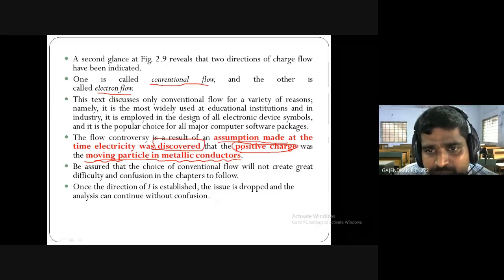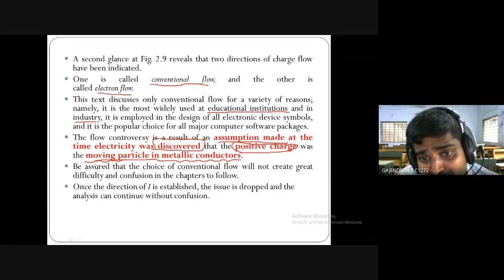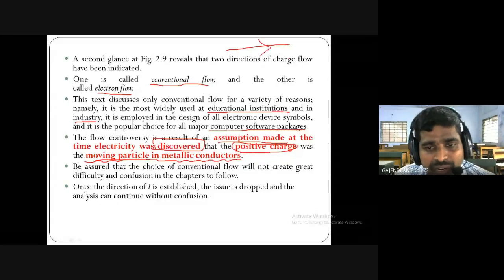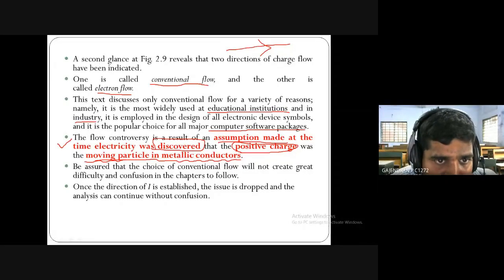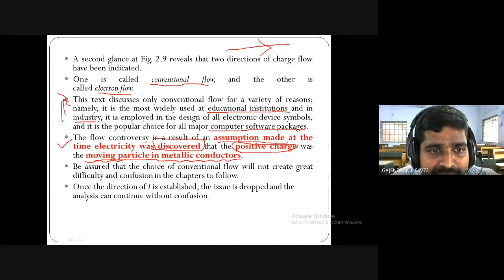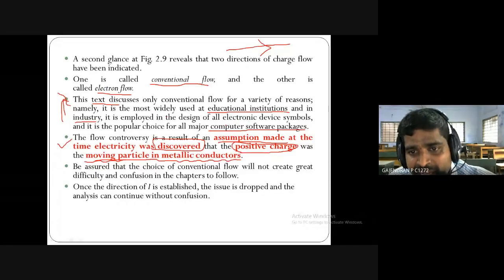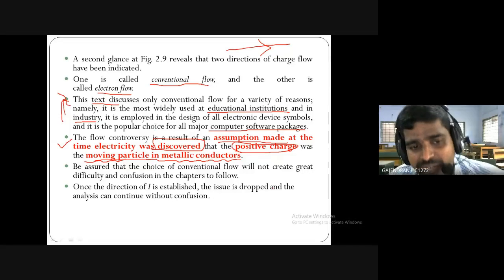Slowly, all the educational institutions and the industry started using the same direction. Even major computer software packages started following the conventional current flow. Scientists found this direction, then we started using it in textbooks, in our education and industry, and in a few software packages we use the conventional current flow.